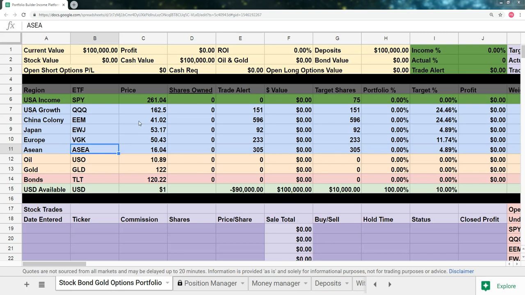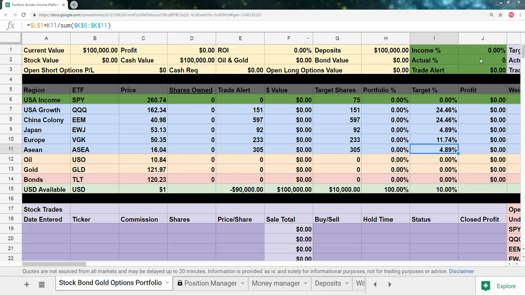And you can see this is now alerting to purchase a 24% total portfolio holding in the QQQ, a 24% holding in the emerging market ETF, EEM, and so forth. 5% in Japan, 11% in Europe, another 5% in the Asian region.